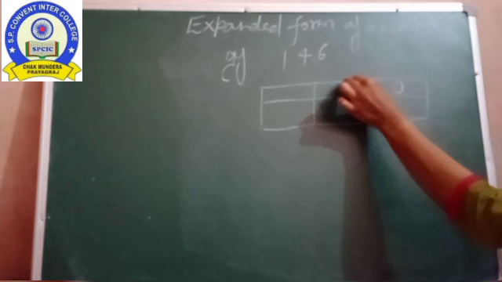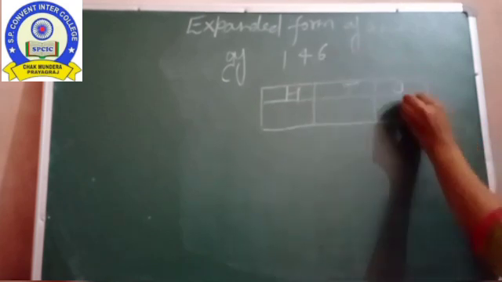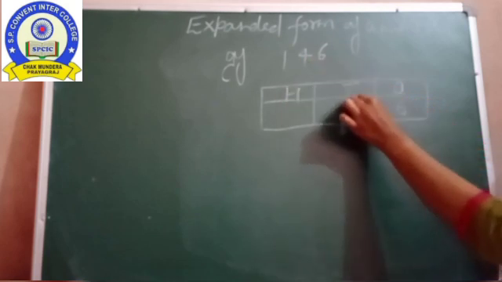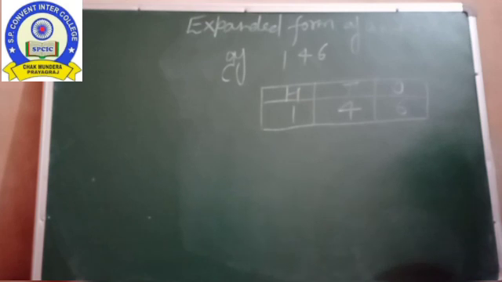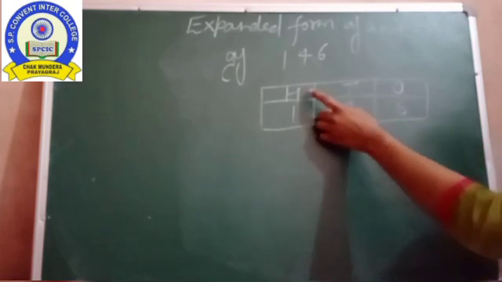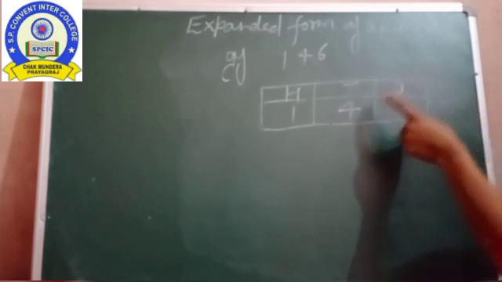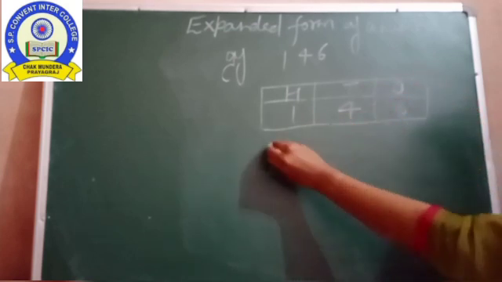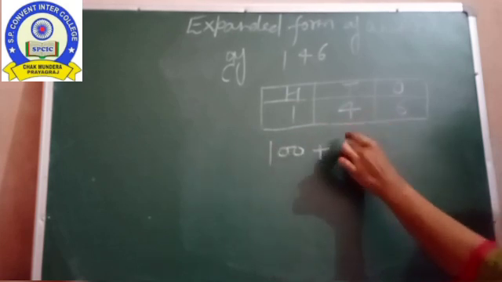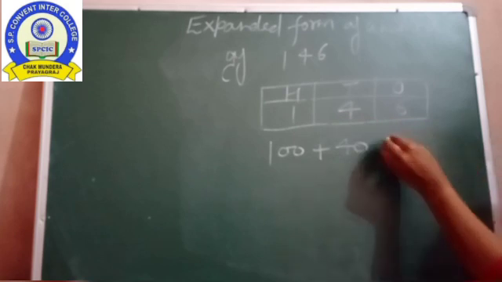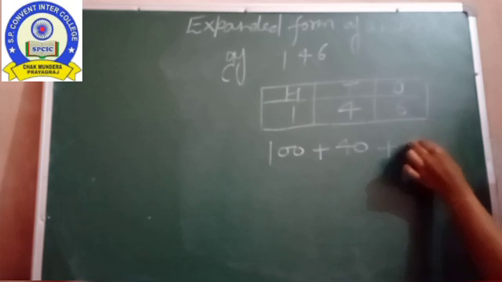Ones, tens, hundreds. 6 is ones place. 4 is tens place. 1 is hundreds place. 100, 4 tens, 6 ones. It means 100 plus 4 tens, 4 into 10 it means 40, plus 6 into 1.